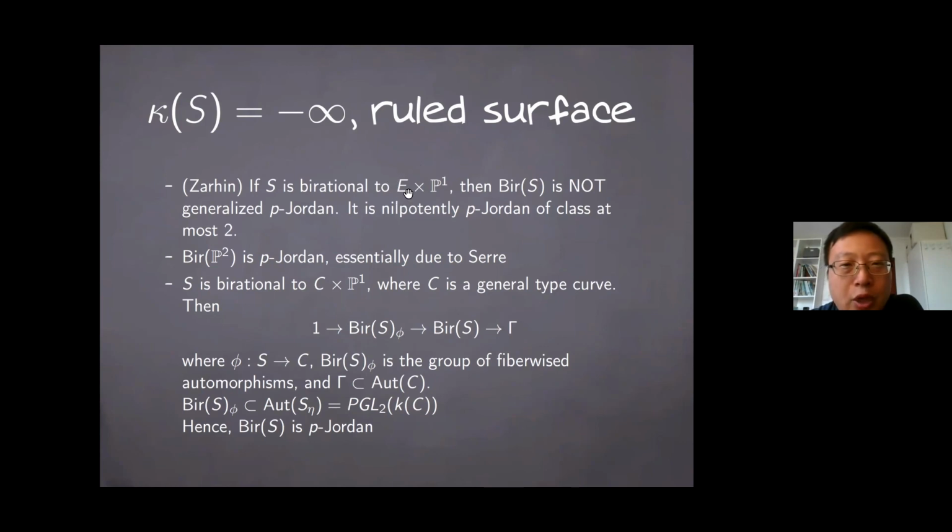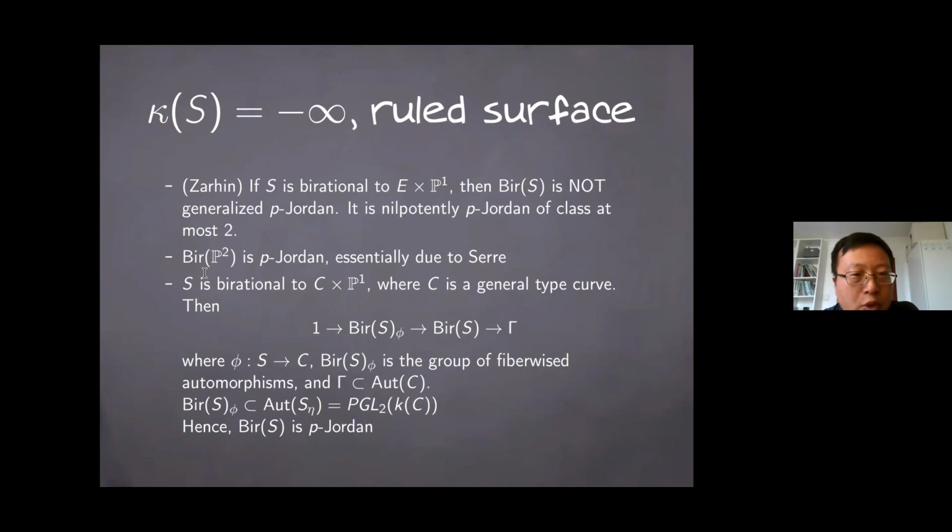Just choose an abelian variety A, and he constructed a special line bundle L. So actually this L over A is an A1 bundle, and from the birational automorphism group sense, you can consider the automorphisms of the total space of this L. Then he constructed, for any l not divisible by p, some finite subgroup whose index is l. So this would contradict the Jordan property.